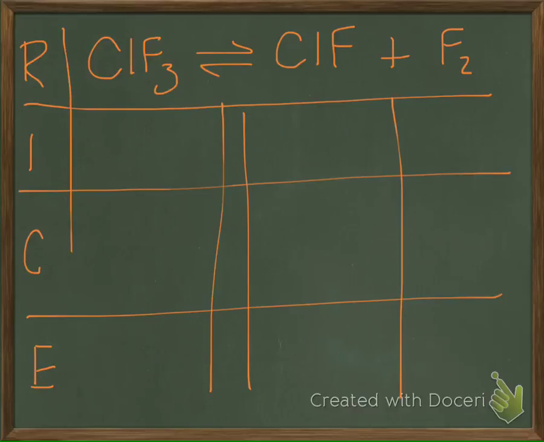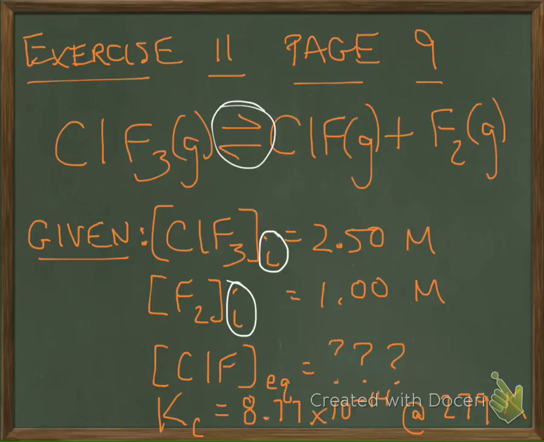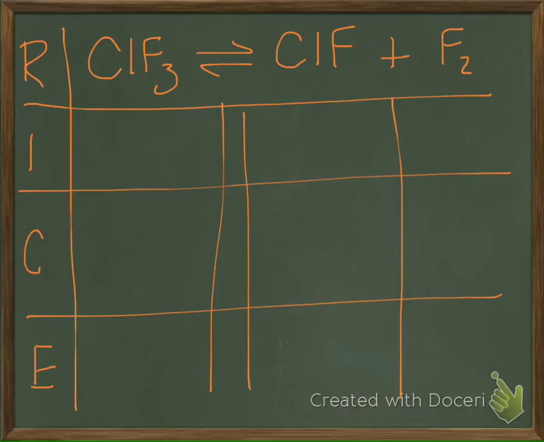We want to write in the information that we are given. If we look back, for ClF3 initially it was 2.5, and for F2 it was 1.0.